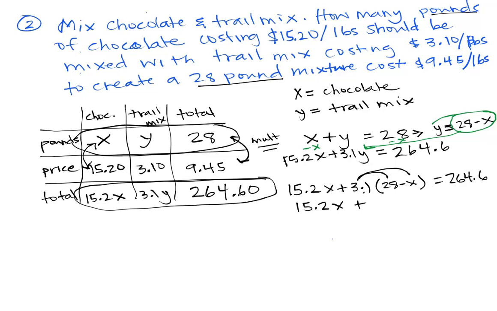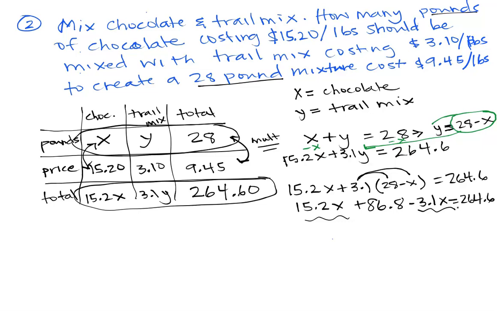And if you guys get it, you can also blurt it out. So 28 times 3.1, I got 86.8. And then 3.1 times negative x is just negative 3.1x, and it still equals 264.6.